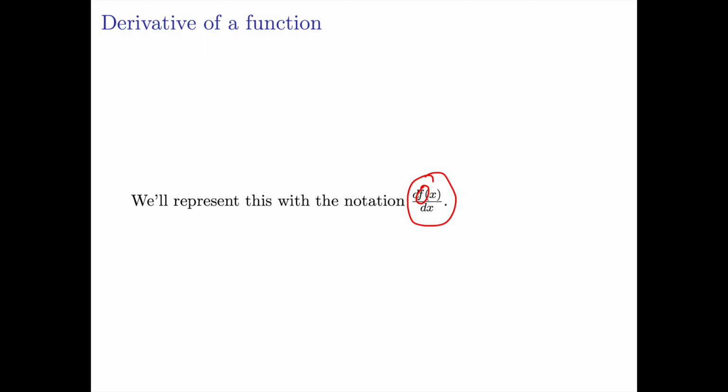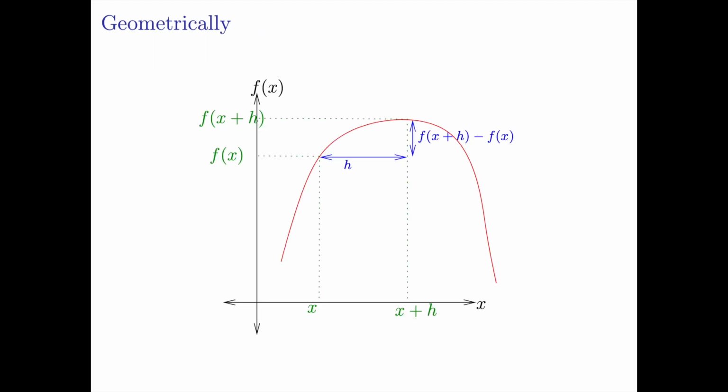And let's look at a graphical representation of what this is. Here we've got a function f, which is this guy over here. So let's take some x, and we want to know what the derivative is at x. Well, take some h. So we look at x plus h, and we look at x, and we're going to calculate the value of the function at each of those. So the value of f at x is this much.